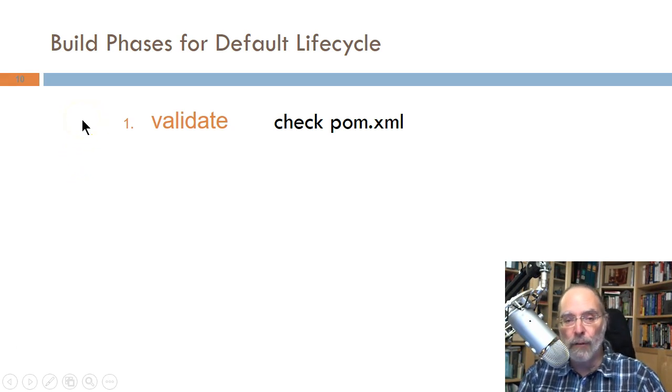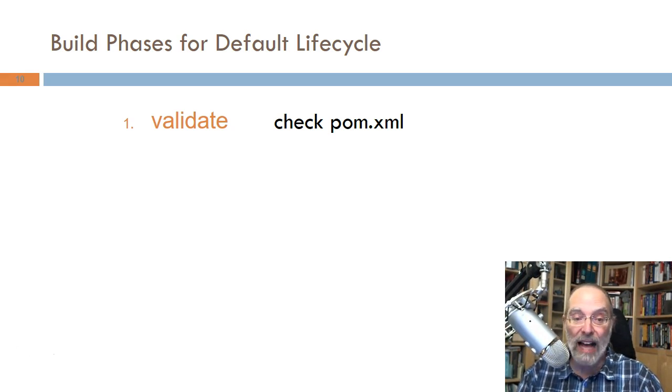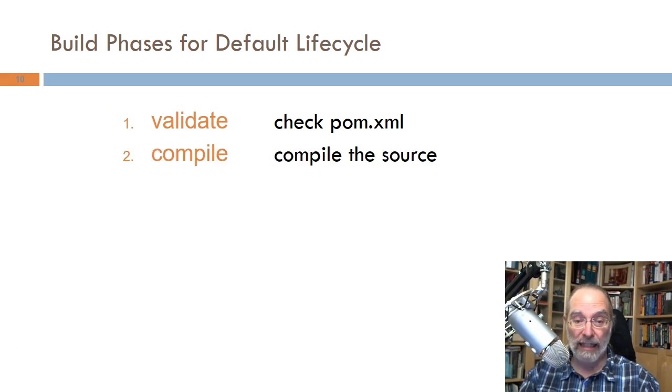If we do nothing, if we don't change or indicate particular parts of the cycle, when we ask Maven to build a project, the first thing it's going to do is validate the pom.xml. Make sure that it is valid. It's a verified XML file, and everything is understood. If it passes validation, next it's time to compile the source code.